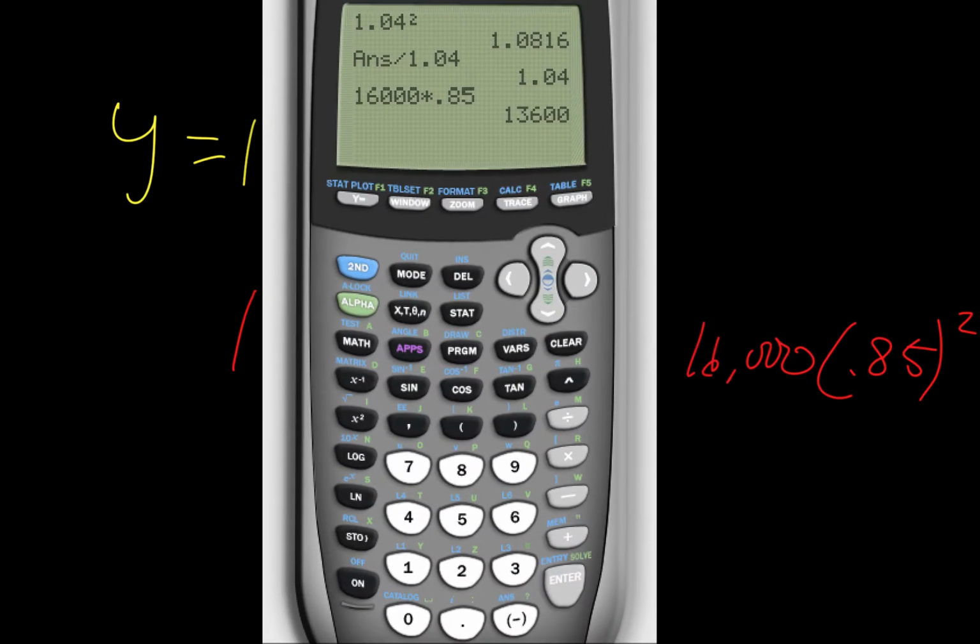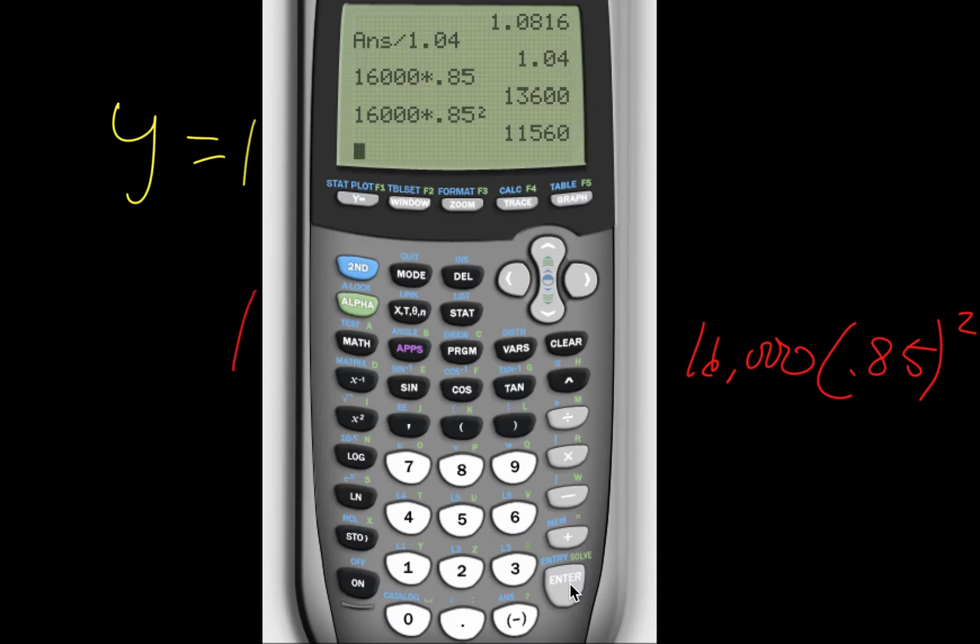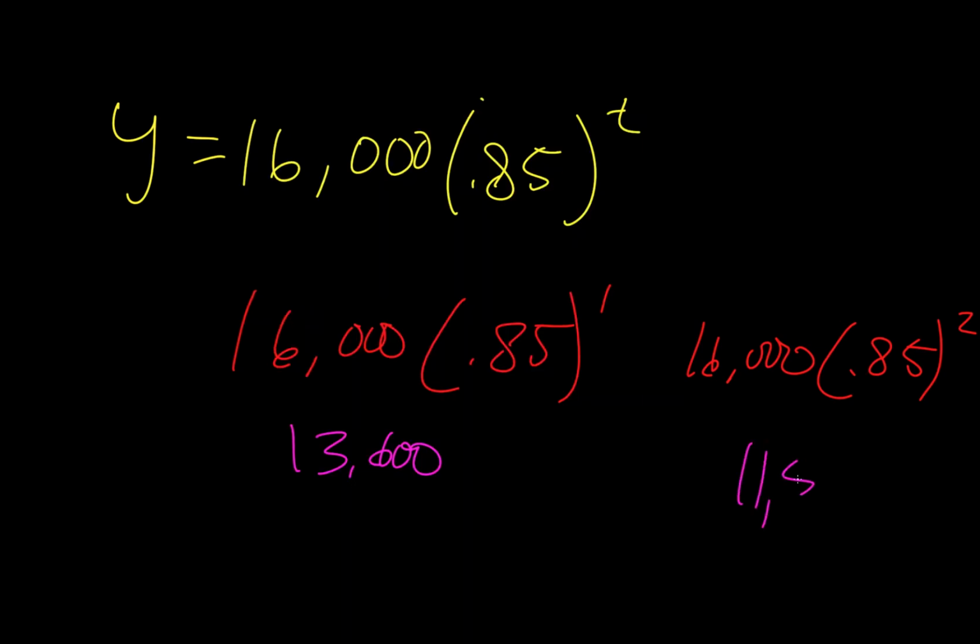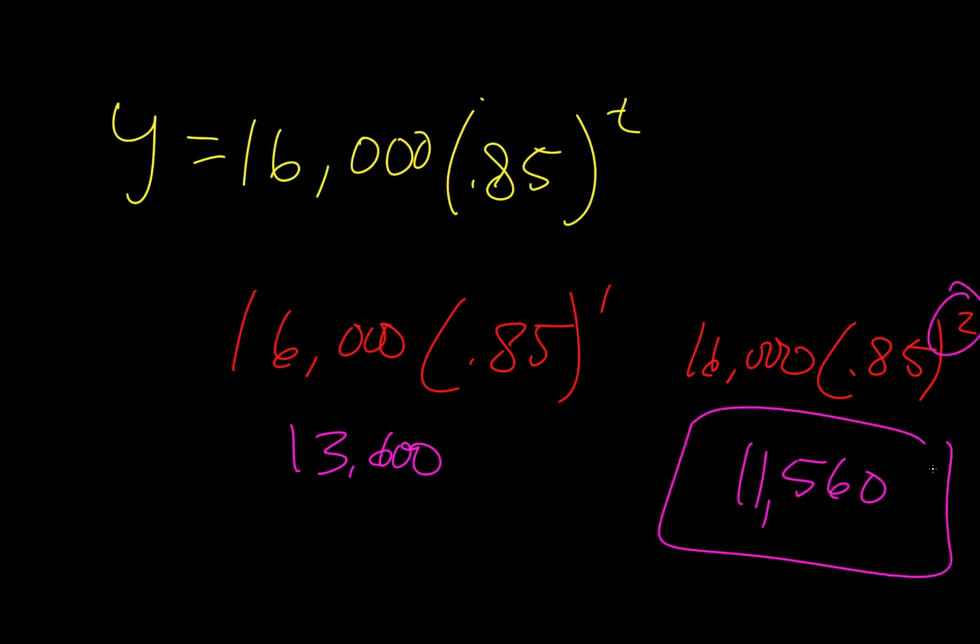So that's 13,600, and then we do this one. I'm going to just say second entry, and then square that, because it's almost identical. We get 11,560. Once again, we take the answer from the one where we plugged in a 2 and divide it by the other one.